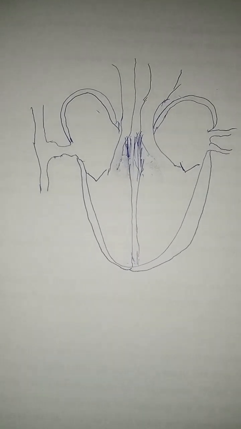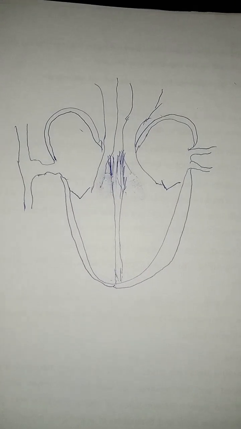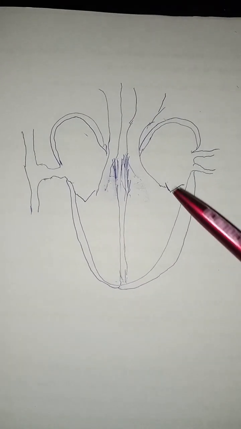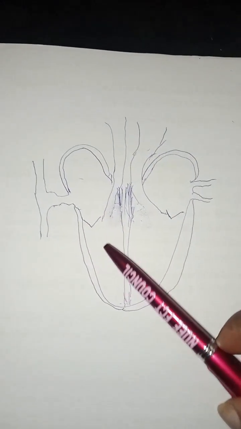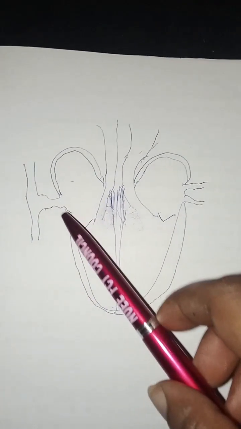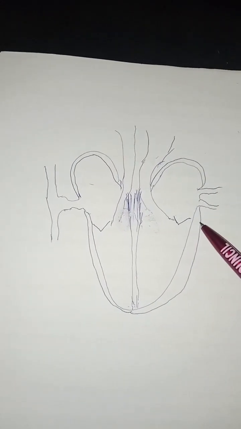Okay, as you can see, here is just a rough sketch of how the heart looks like. It's just a rough sketch to show to you about the heart. First, we would like to look at the layers of the heart. You're going to see the heart has this layer from the outside, then in this middle part, and then the inner part.